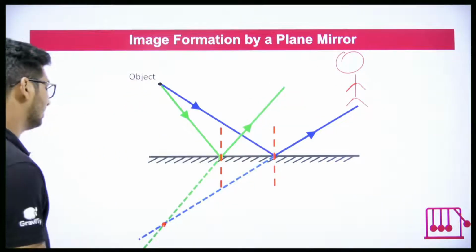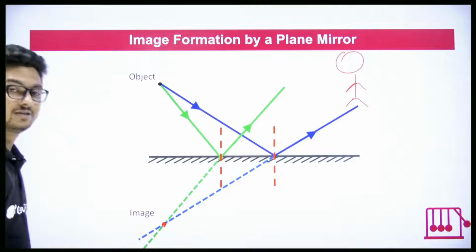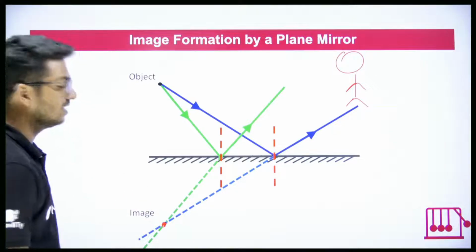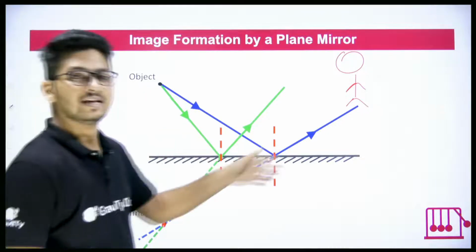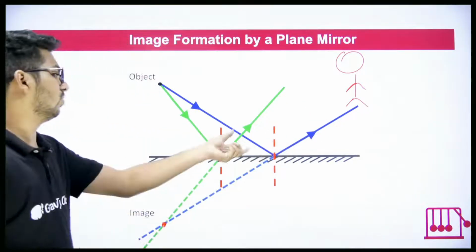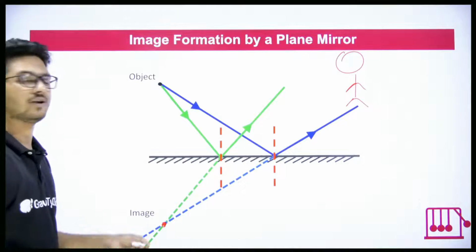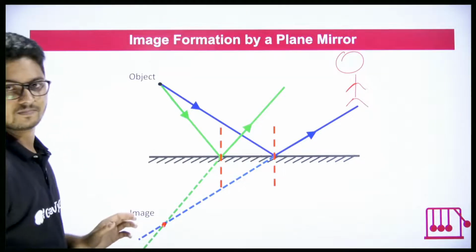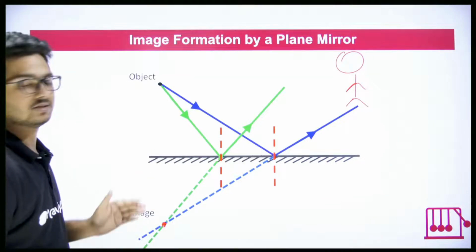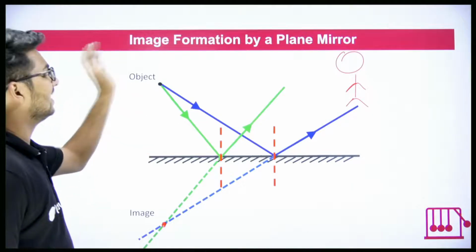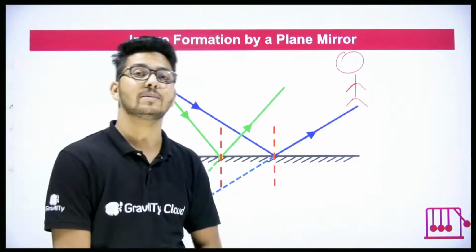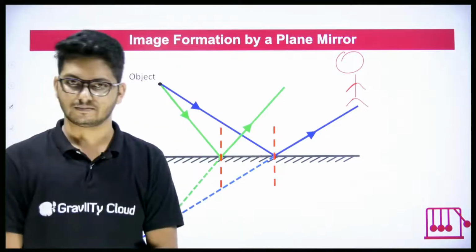And what is that something? That is the image. Clear? So you have the object, the rays, the reflected rays, and when you extend the reflected rays back, you get the image. So that's how we get the image formed by a plane mirror, the ray diagram of it.